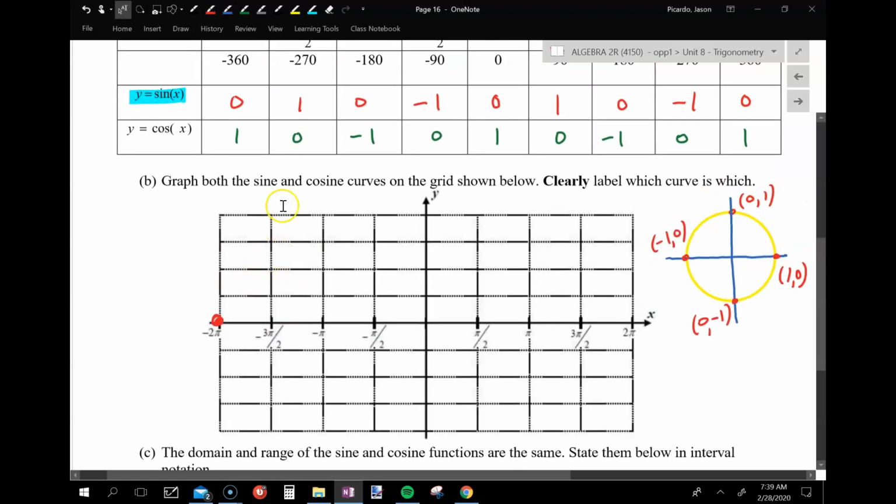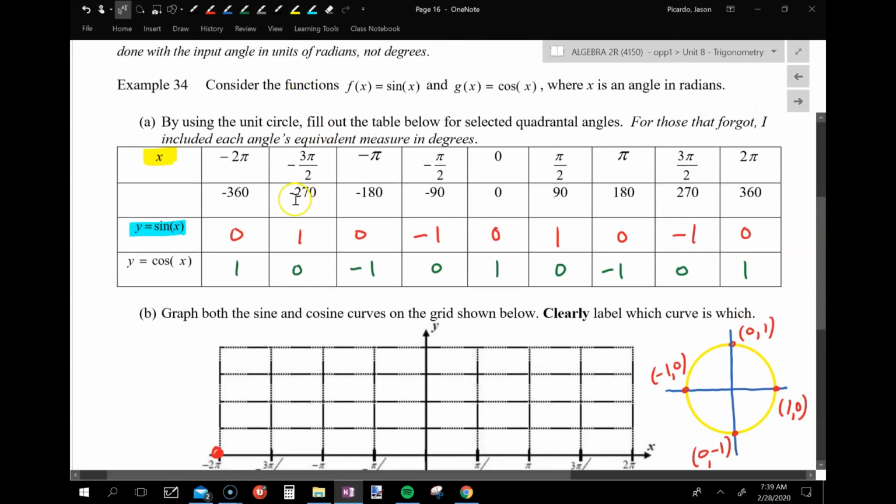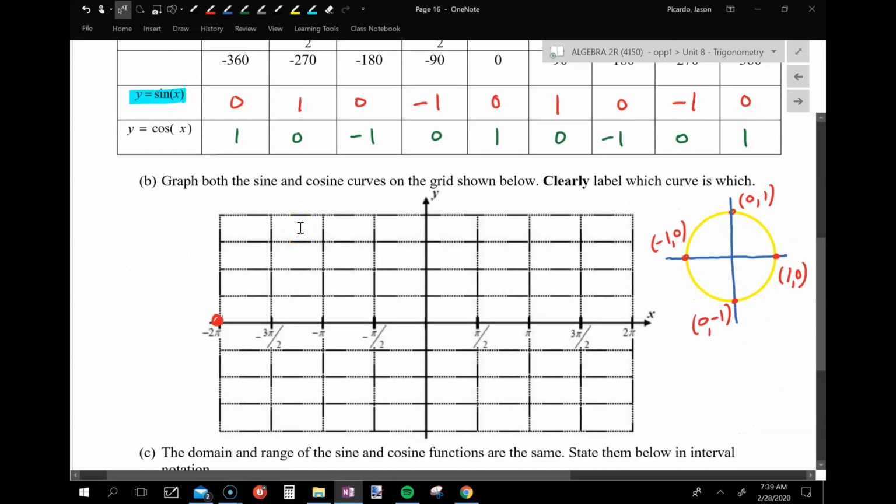All right. And now from there at -270, which is the same as -3 pi over 2, I'm going to go to what? I'm going to go to 1. All right, let's put 1 right there. And then where am I going to go? Back to 0, right? Okay, so that's here.